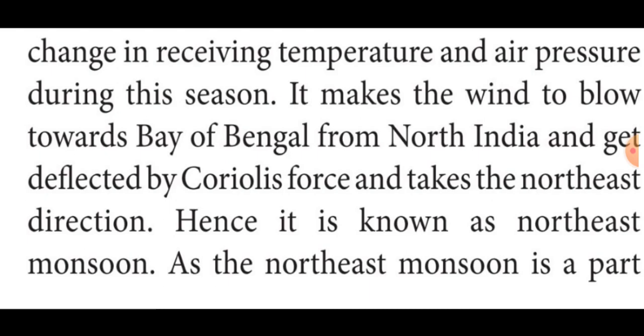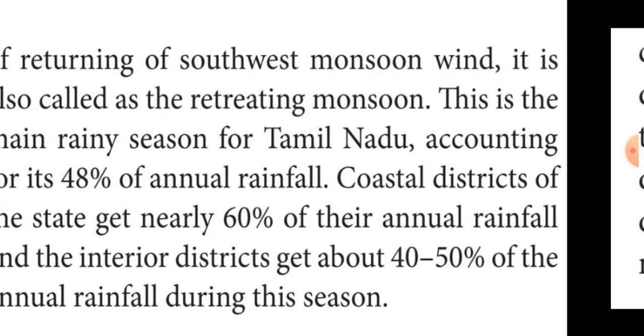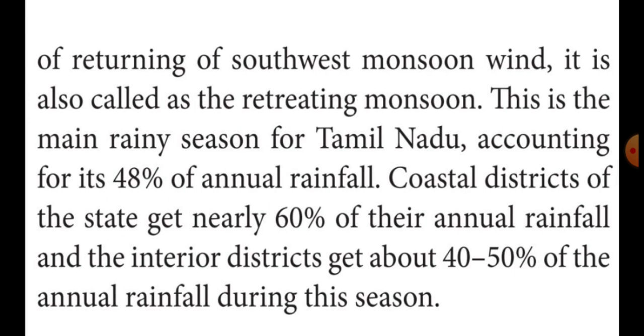Hence it is known as the northeast monsoon. Sometimes this wind returns as the southwest monsoon wind also. So this season, the northeast monsoon, is otherwise called the retreating monsoon.